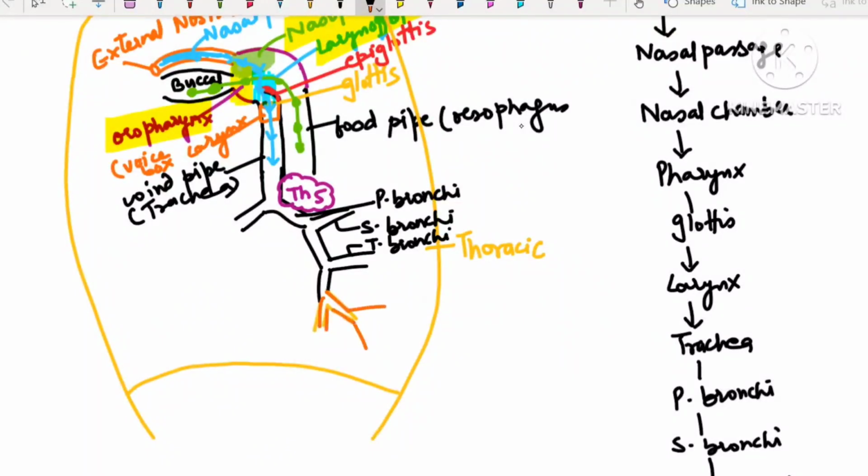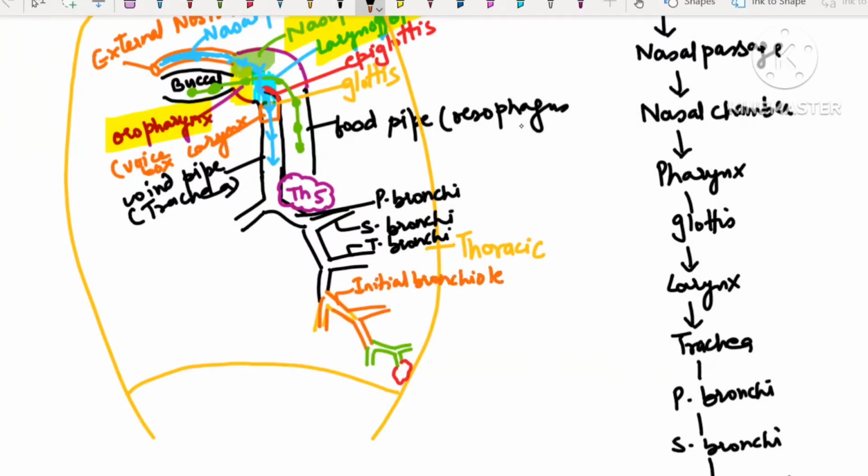Then it divides to form terminal bronchiole, which is dividing to form respiratory bronchiole. Respiratory bronchiole is dividing to form alveolar duct, and which is finally bearing the alveoli. So let me just write it here. This is your initial bronchiole. Clear, beta?